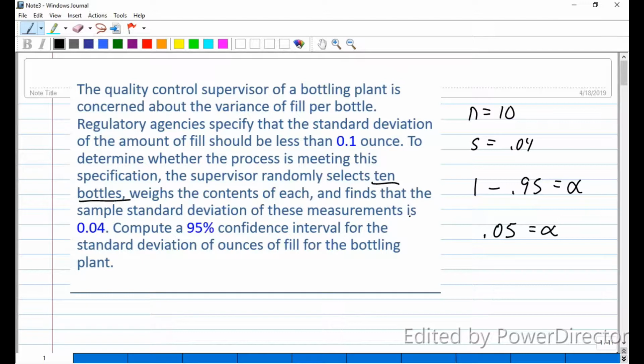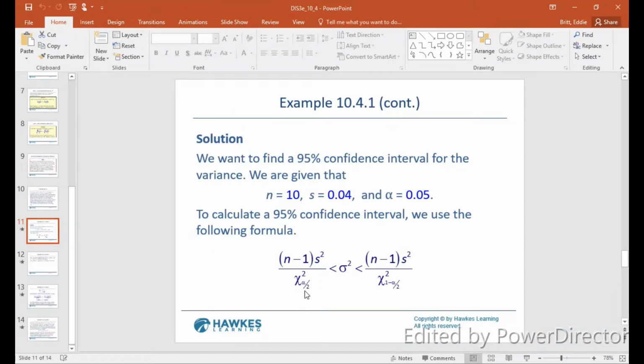All right, the way that our formula is, if we went back and looked at the slide before, we have chi-square, and that's not chi squared, it's just chi-square. It's a chi-square distribution. Okay, so this first chi-square is sub alpha over 2, kind of like the Z and the T were. So it's sub 0.05 divided by 2.